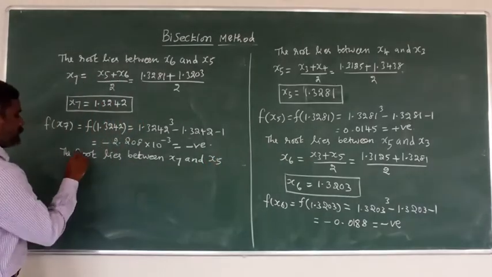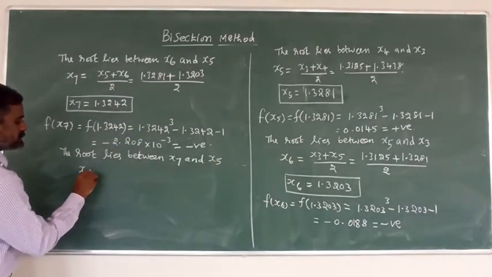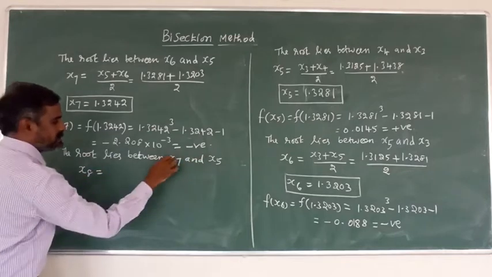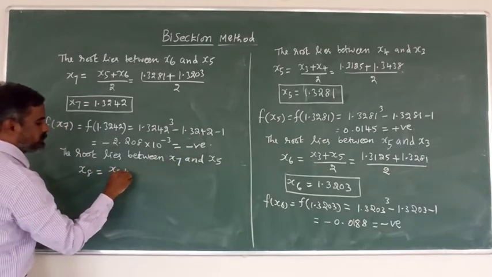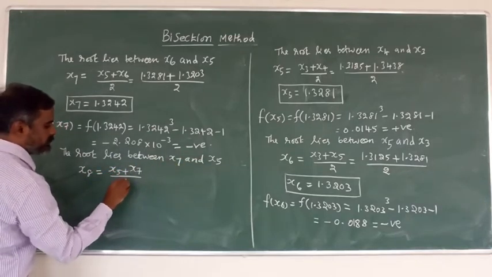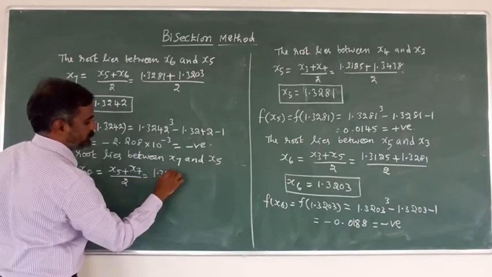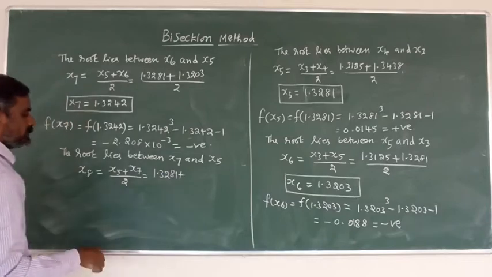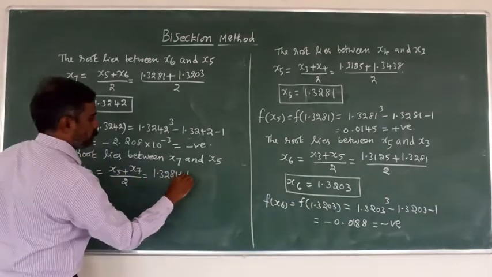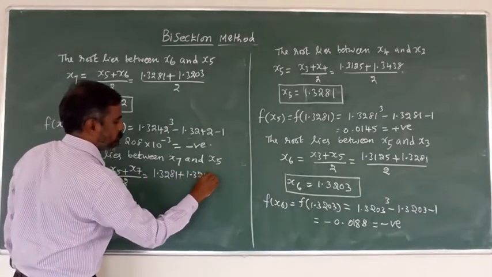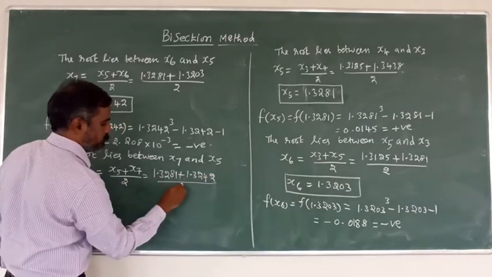Now next iteration, x8 equal to the average of these two, x5 plus x7 divided by 2. x5 value 1.3281 plus x7 value 1.3242 divided by 2.